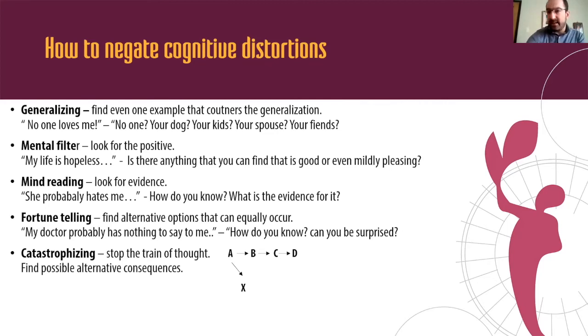Or maybe he really didn't like the fact that I was late, but is it necessarily true that I'm going to get fired? Can there be maybe a warning of some sort? Always find some form of alternative consequence somewhere along the chain, which usually helps stop catastrophizing. Just finding a different thing that might happen, equally as obvious.